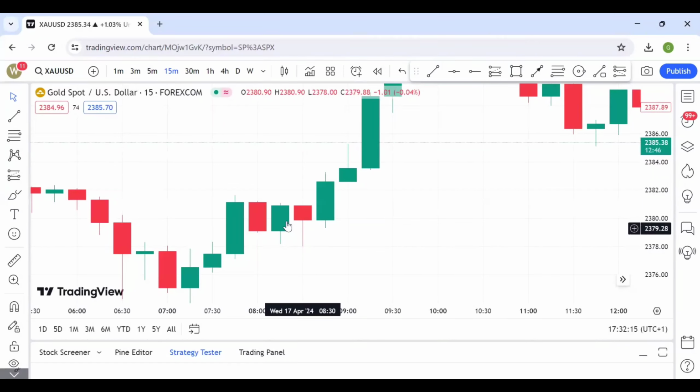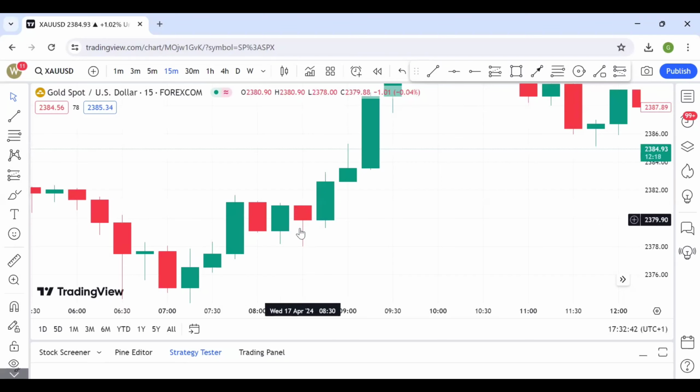The color of the candle does not necessarily matter. It's irrelevant. The hammer can be a red color or a green color. What we should be paying most attention to is how long the wick is, because the longer the wick, the stronger the candle. If the wick is very long, it means that hammer is very powerful.